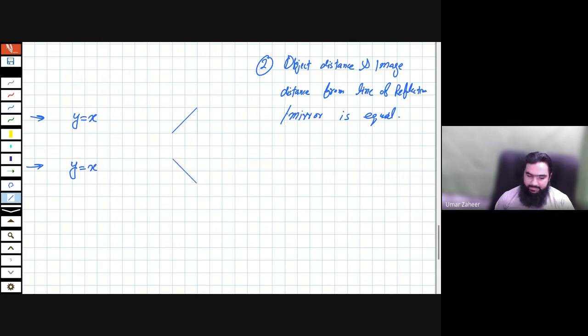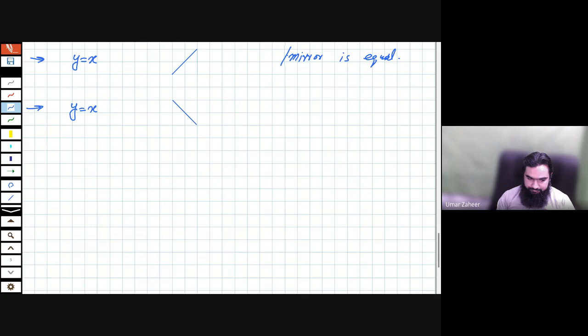Then y equals plus or minus c, meaning any constant, such as y equals 2, y equals 3, y equals 5. This is a horizontal line. Then x equals plus or minus any constant, such as x equals 2, x equals 4. This is a vertical line.